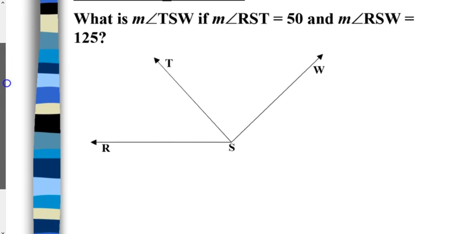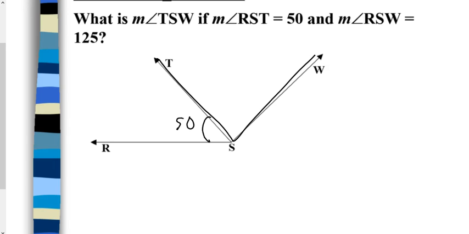All right, what is the measure of TSW here if RST is 50? So RST is 50. So this angle here is 50 degrees. And RSW is 125.